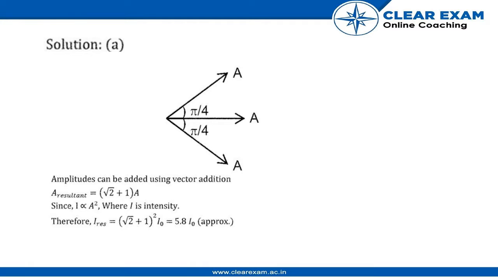So we put this into the above equation, and then we get I resultant is equal to (square root of 2 plus 1) whole squared times I naught, which is approximately 5.8 I naught. So according to this solution, our correct answer is option A.